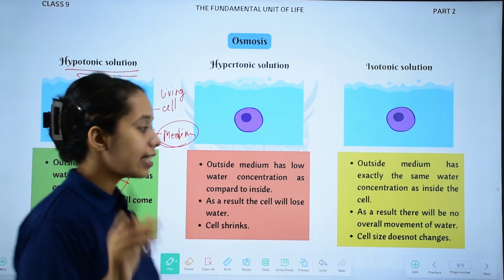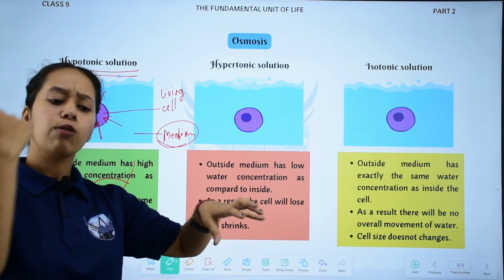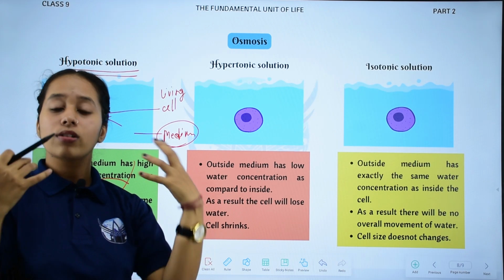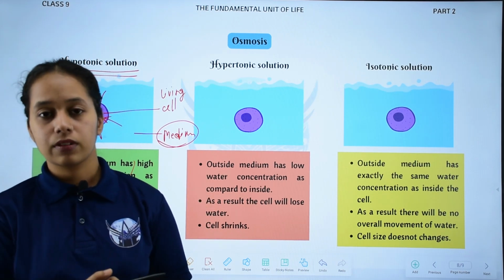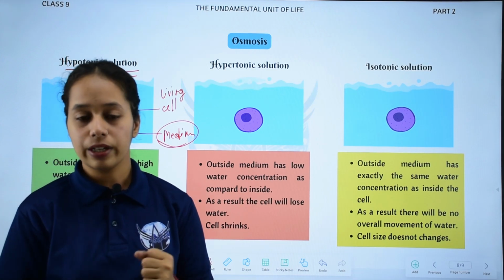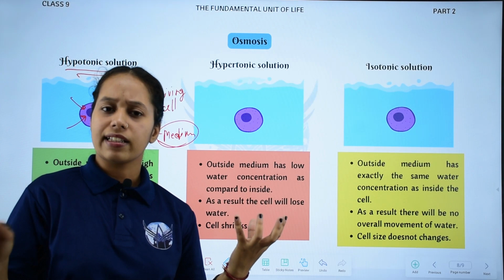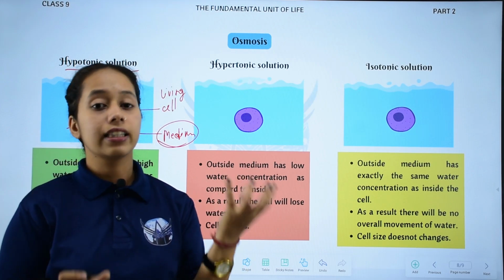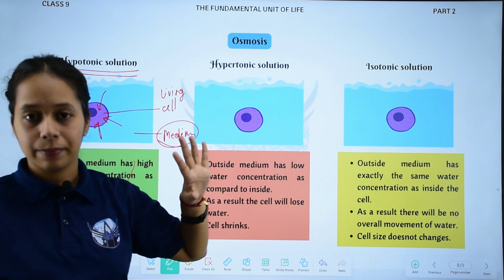What if we take the same cell and put it in a medium where the outside medium is very concentrated? Not in terms of water. Okay, let me frame it in some other way. We are taking a living cell, an animal cell or a plant cell, whatever cell it may be, and we are placing it in a medium.